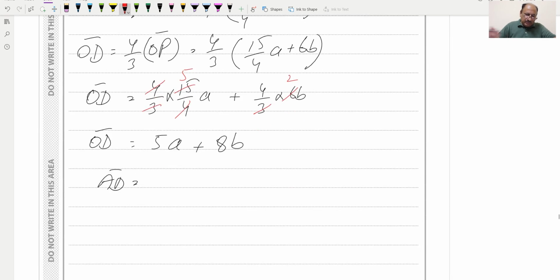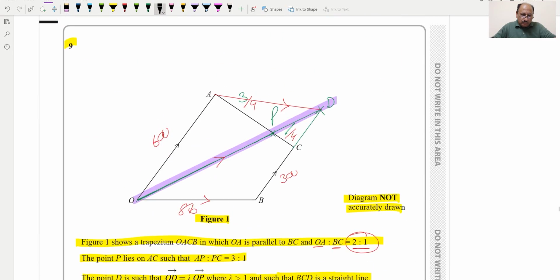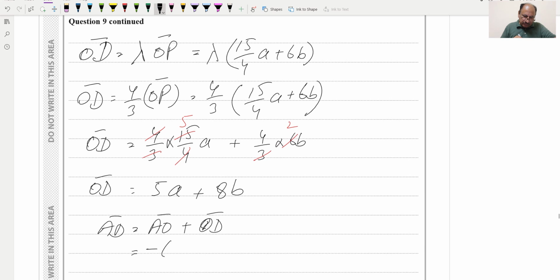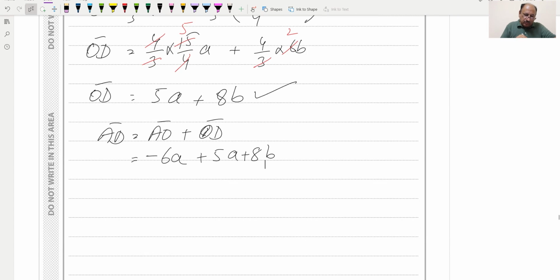So we can write here AD is equal to AO plus OD, and OD value and AO value we already have. AO is minus 6A, so we can write minus 6A, and OD value is this one, which is plus 5A plus 8B, and this will be equal to 8B minus A, and this will be AD value which we found, which is in terms of A and B only.